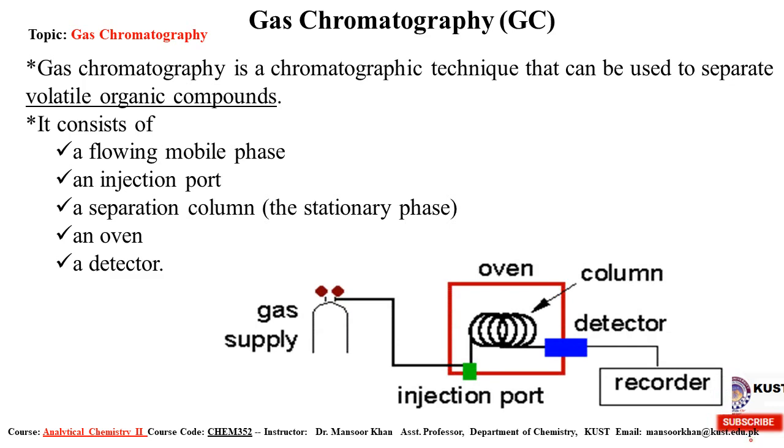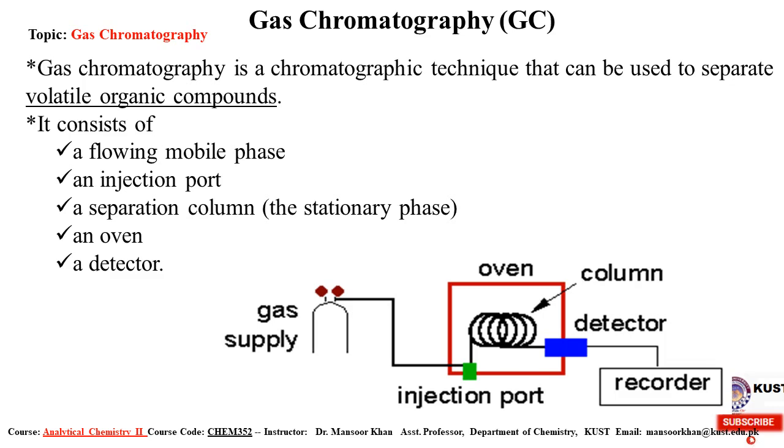This is the block diagram of gas chromatography. Gas supply: this gas is inert, and is only used as a carrier for the volatile sample to the column.